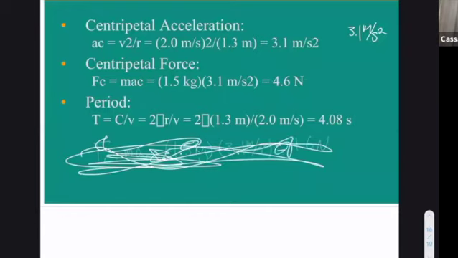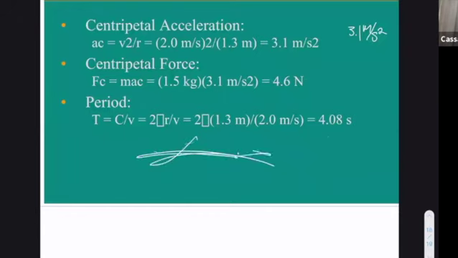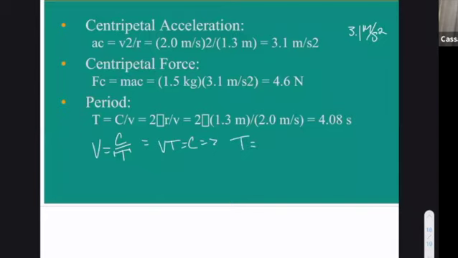Okay. So finally, our final question here is, what is the period? Remember, we can solve for the period from velocity equals circumference all over period. By cross multiplication, velocity times period is equal to circumference, so period is equal to circumference all over velocity.